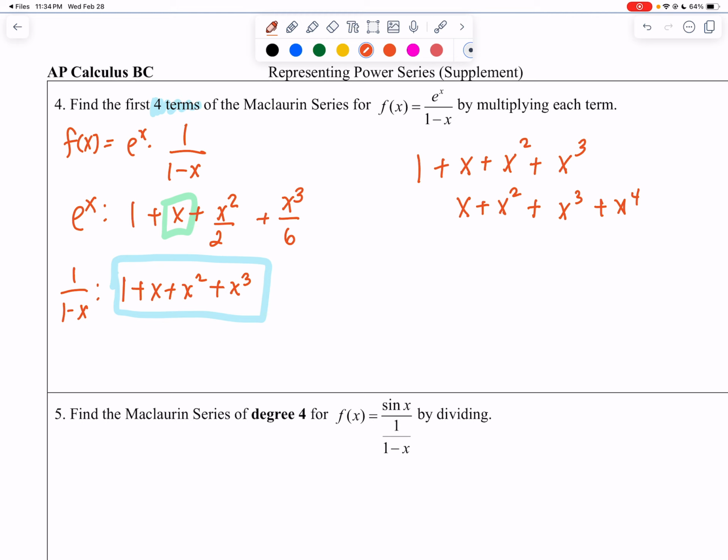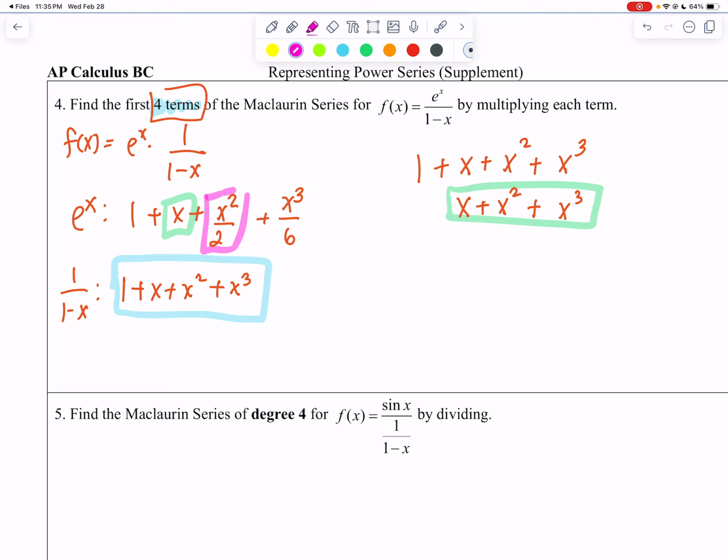Here's my problem. I don't really care about this. And the reason why is because I only want the first four terms. The first four terms are basically these four terms right here. So here, I could just stop at x to the third and call it a day. Anything above 3, we don't know her. She's trash. Delete that. Okay? So that's going to be this green right here.